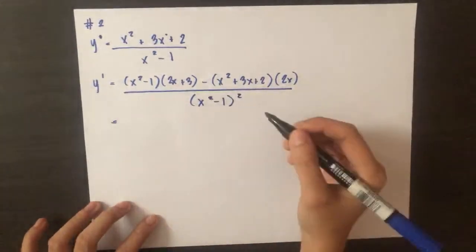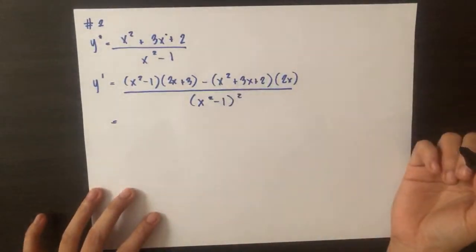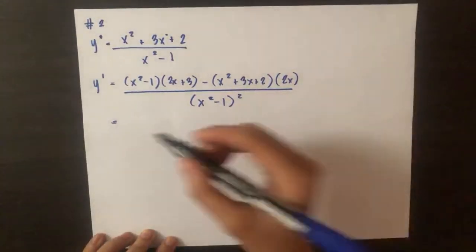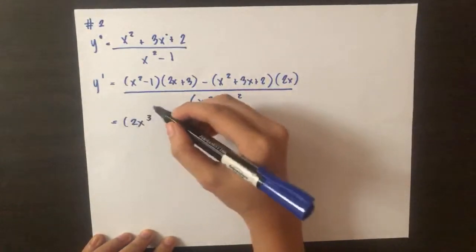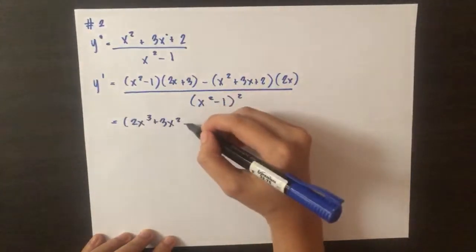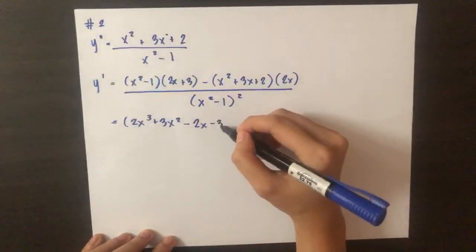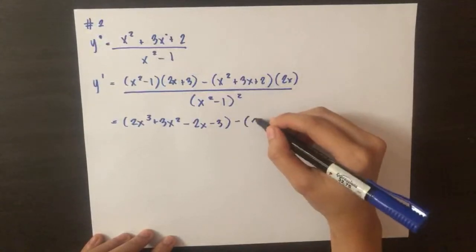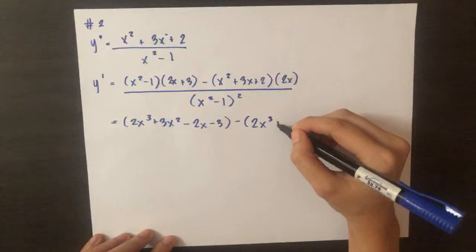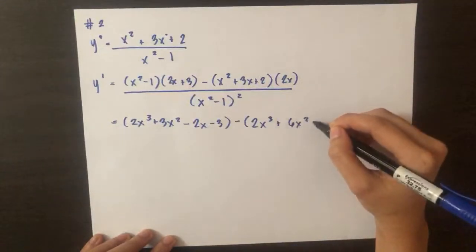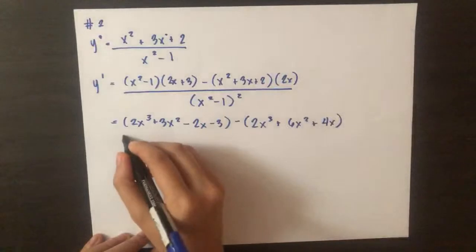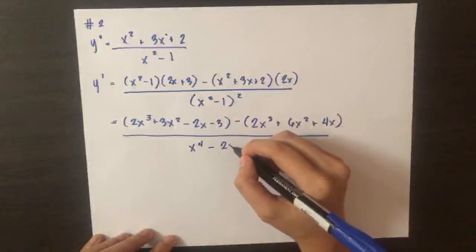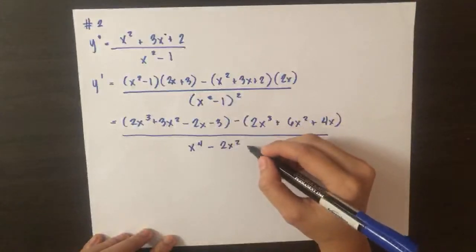So, simplifying, ayan. Ayan na ang maingay na background. So, we have 2x cubed plus 3x squared minus 2x minus 3. And then, we have 2x cubed plus 6x squared plus 4x. So, over x raised to 4 minus 2x squared plus 1.